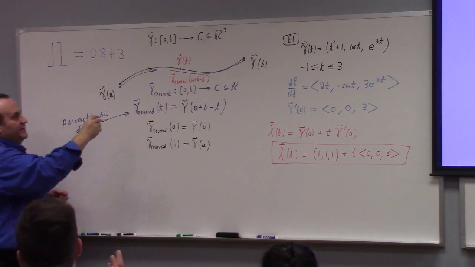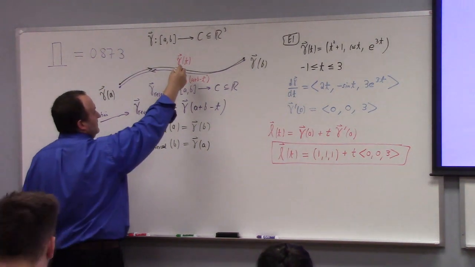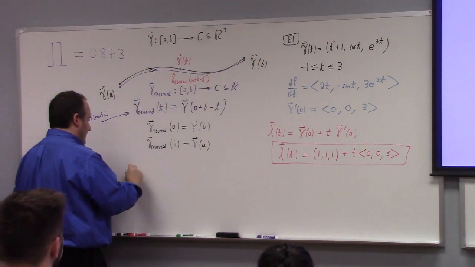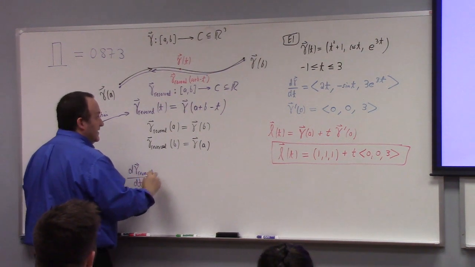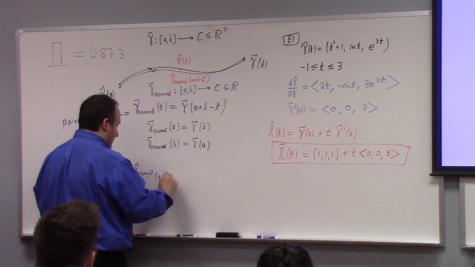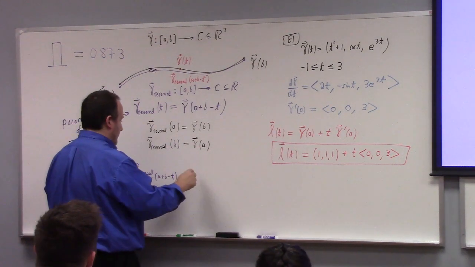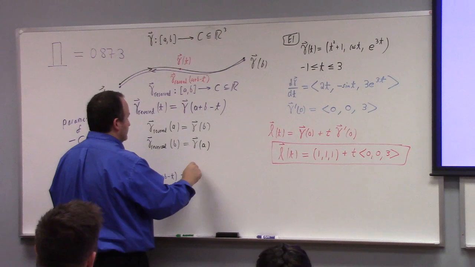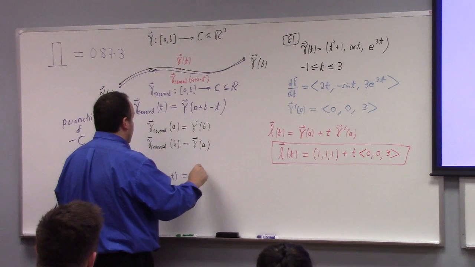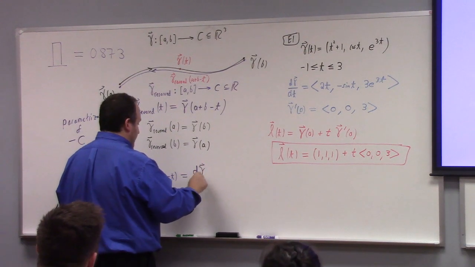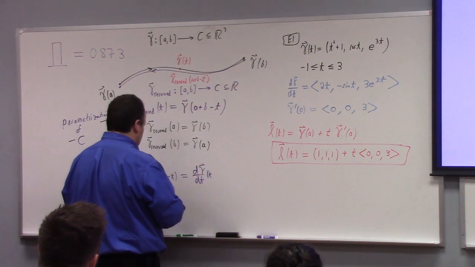So if you wanted to compare the tangent vectors at that point, you should compare what? What's the derivative of gamma reversed with respect to t at a plus b minus t? Goodness gracious, my bad. Oh, I'm sorry, guys.